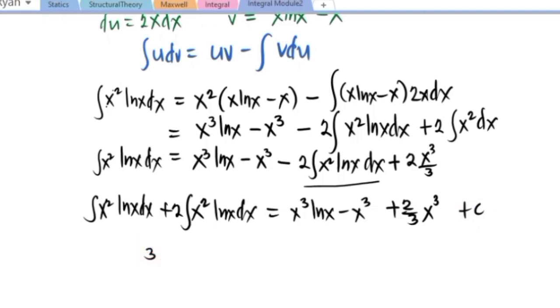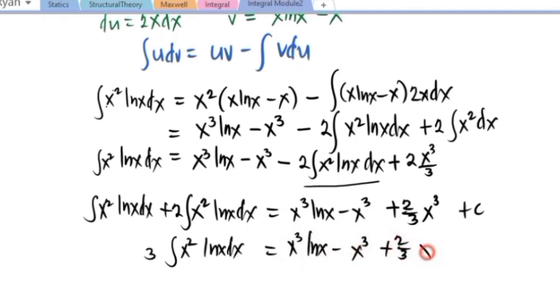So we have here 3 integral of x squared ln x dx is equal to x cubed ln x minus x cubed plus 2/3 x cubed plus c.